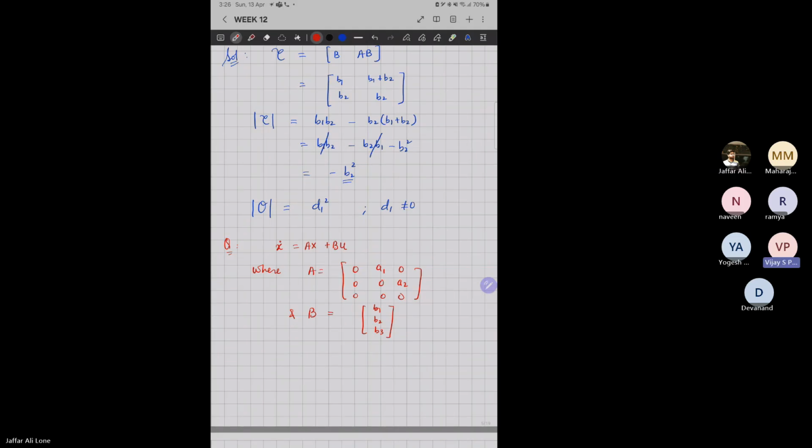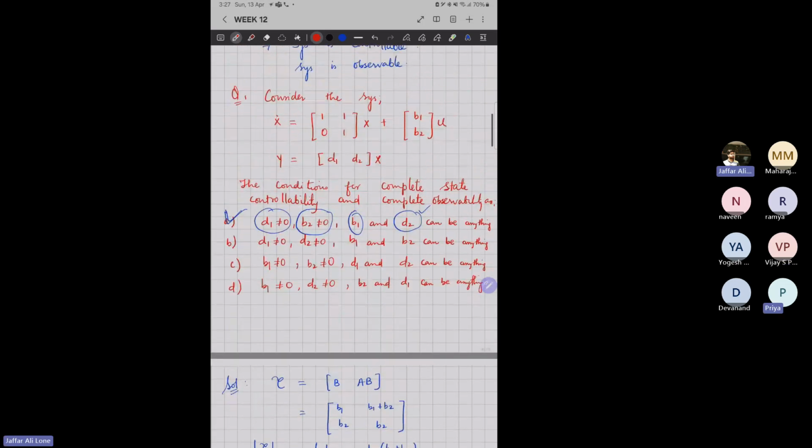Sir, in controllability, B2 is not equal to 0, and in observability, D1 is not equal to 0, and the rest can be anything? Yes. Now for this particular question, you have a specific A matrix.